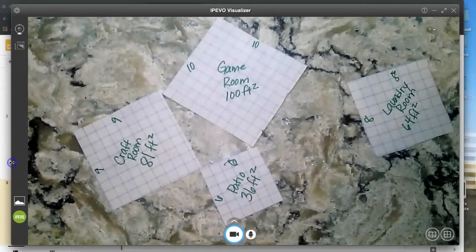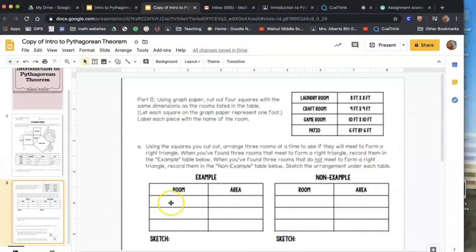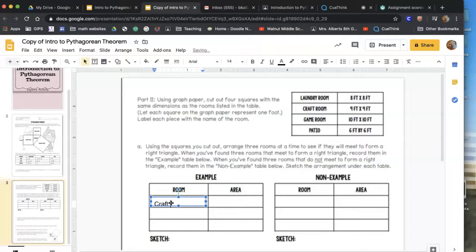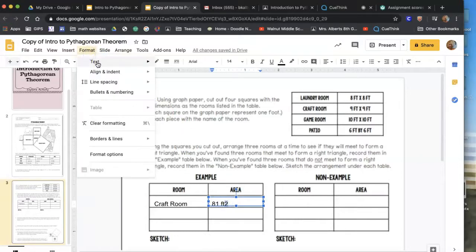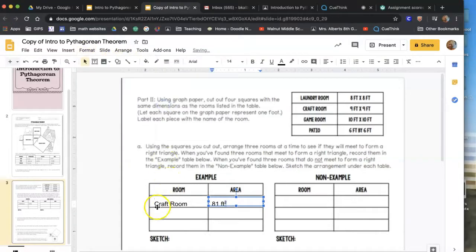So you would come into your, here I put text boxes in here. So what room? I'm going to use the craft room. I'm going to type that in first. And the area was 81. And another room that worked was the patio.